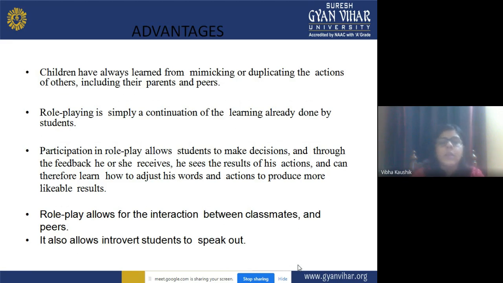When they are duplicating the actions of others, their learning is happening. Role playing is simply a continuation of the learning already done by a student.